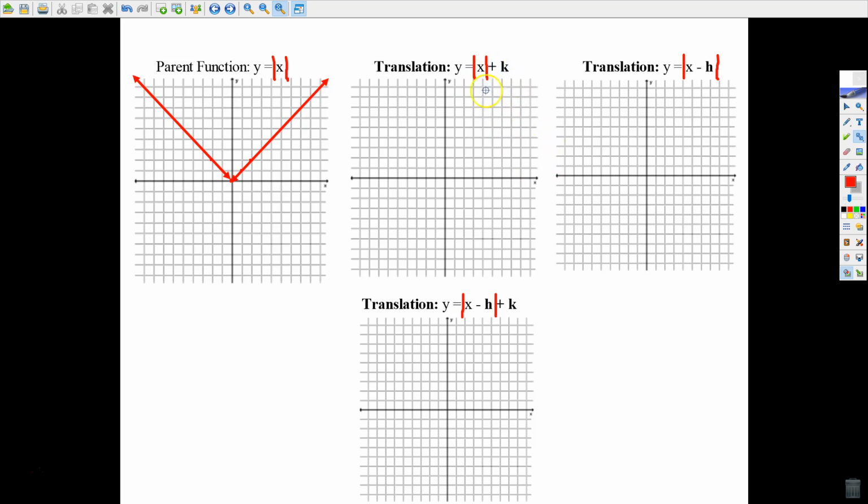But the big takeaway is, notice that k is outside of the absolute value. That is crucial, because anything added or subtracted outside of absolute value always indicates a vertical shift. Vertical meaning up and down, up or down.